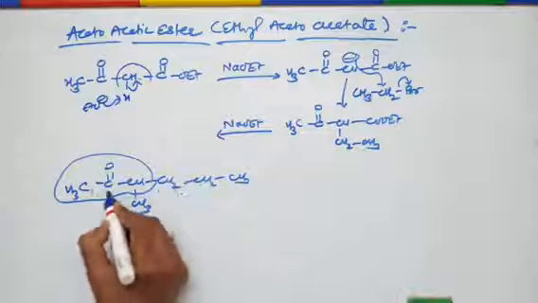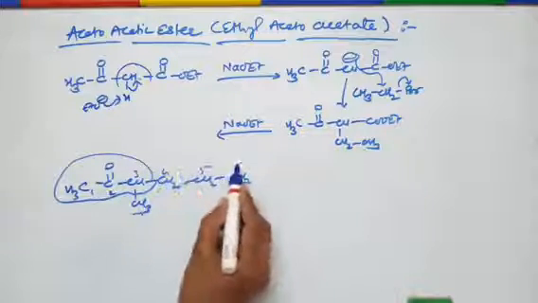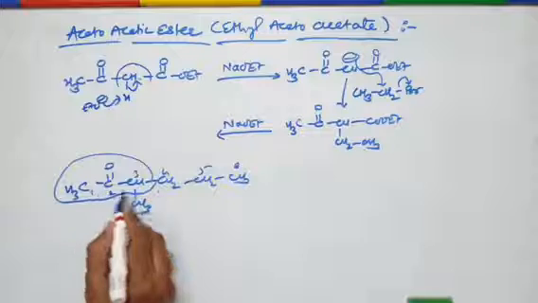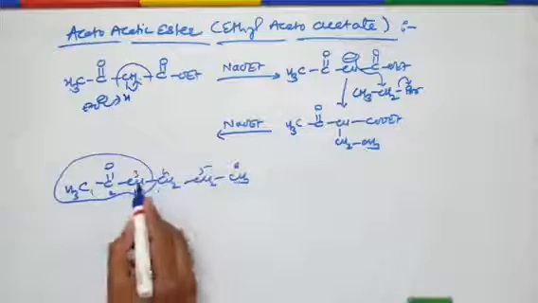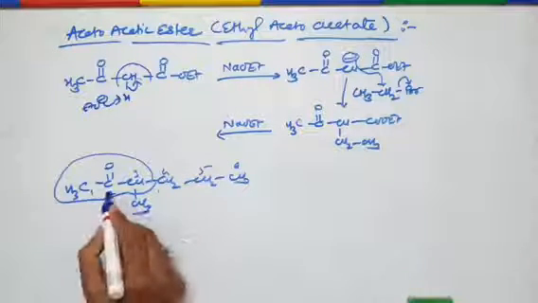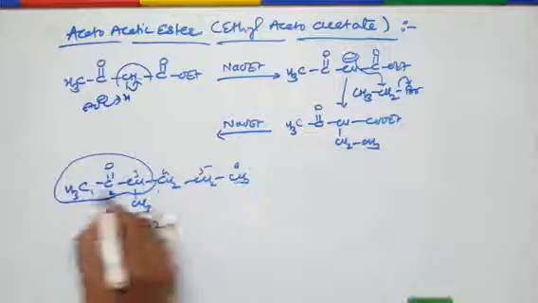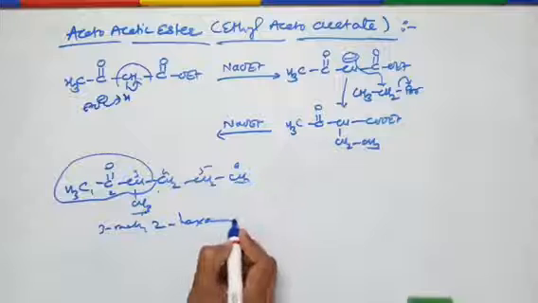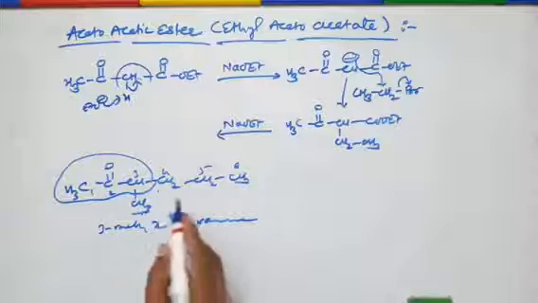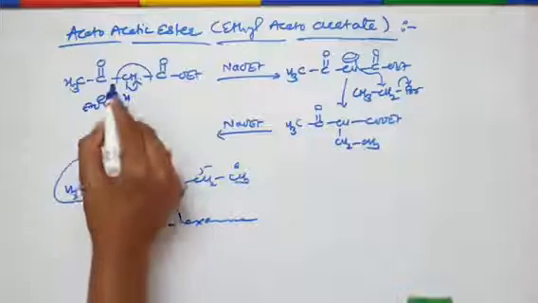The name of this compound is 3-methyl-2-hexanone. At 3 there is a methyl group and at 2 there is a carbonyl functional group. Therefore it is 3-methyl-2, and as 6 carbons are there, it is a hexanone.